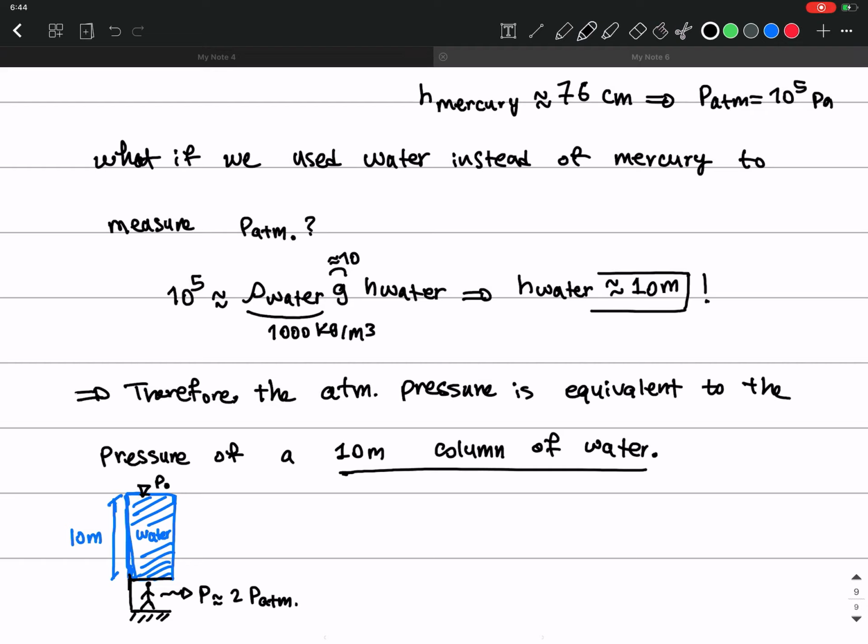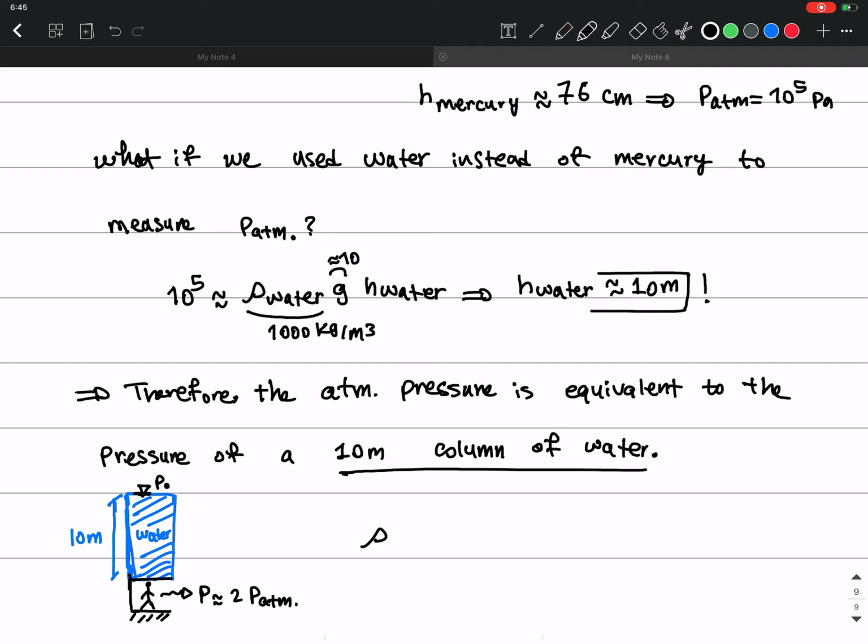So the 10-meter column of water is equivalent to the atmospheric pressure that we feel. This is a very important concept, and you can simply calculate the atmospheric pressure if you forget how much it is. It is just a 10-meter column of water.